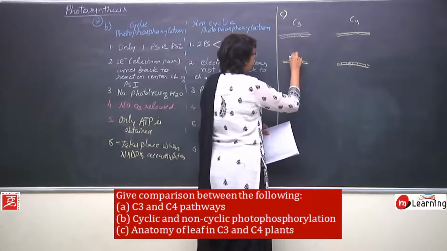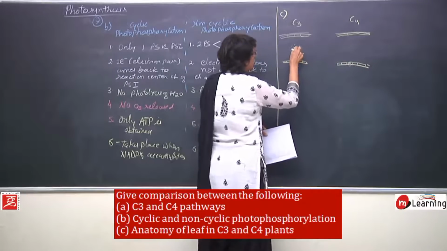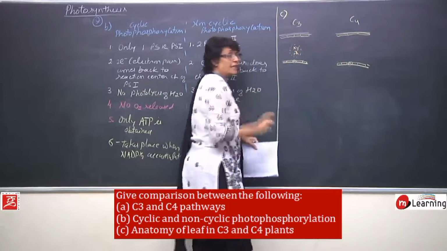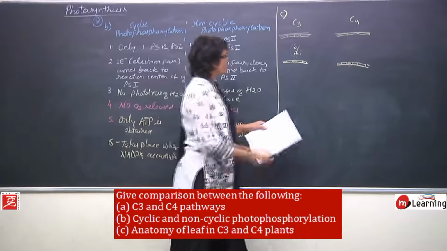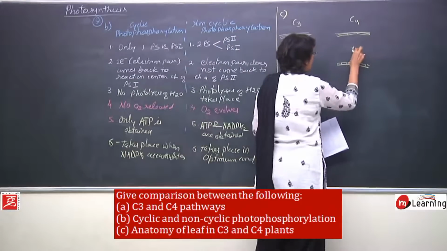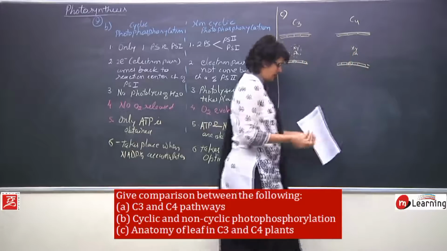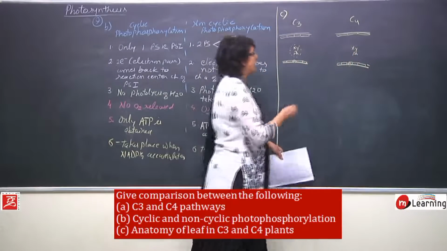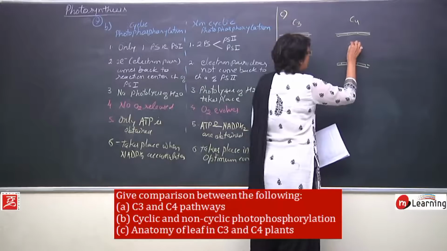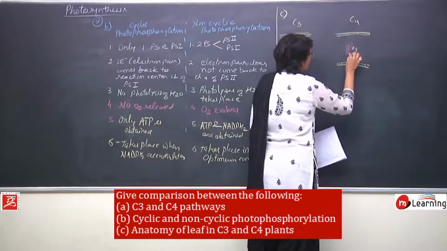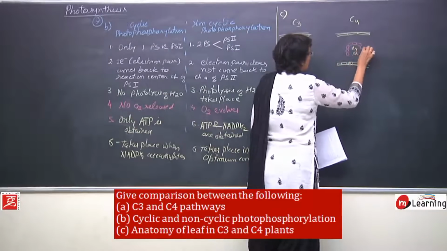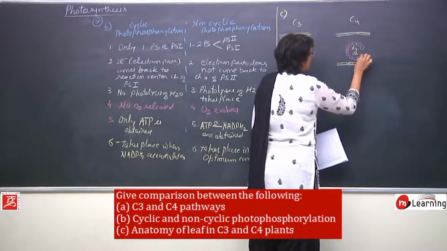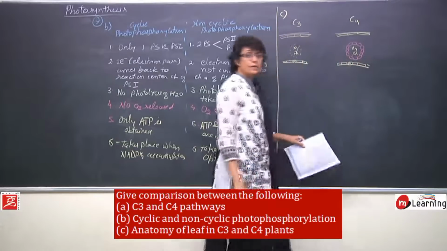In C3 plants, there is xylem and phloem, that is vascular tissue. Here also there is xylem and phloem, which is the vascular tissue. In case of C4 plants, around the vascular tissue there is a wreath-like arrangement of cells.